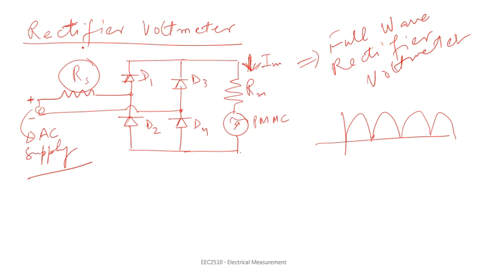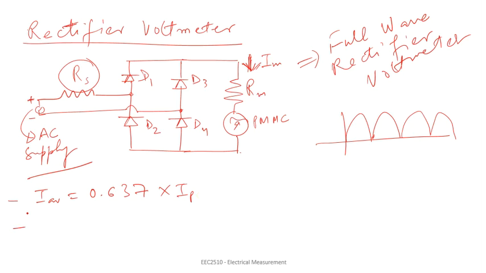The meter deflection will be proportional to the average current, and average current is 0.637 times the peak current. Whatever be the peak current, the average will be 0.637 of it.